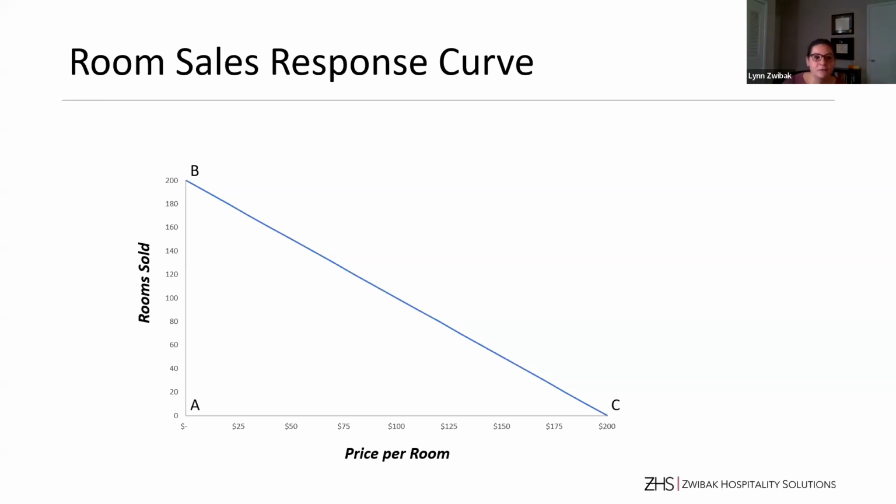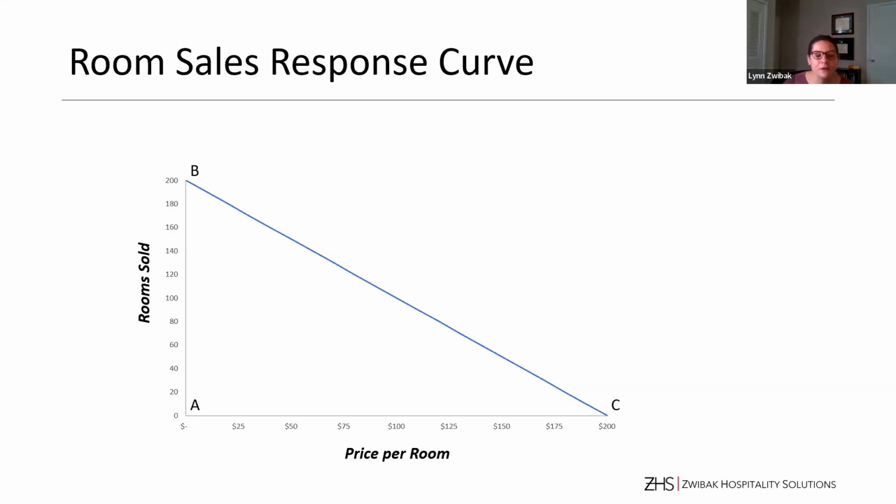So basically, the point on the line where the number of rooms sold matches the price per room. So at $100, say, we sell however many rooms we sell. And then the revenue is the area under, or the area of that square.